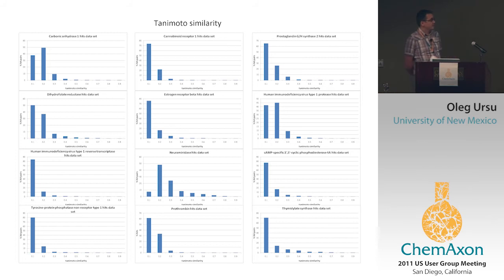I don't know if you can see, but this is the tyrosine phosphatase, and this is Thymidylate synthase. If you look at the other distributions of the Tanimoto score, there is almost no difference. So this is not the reason why Screen3D underperforms for these two.